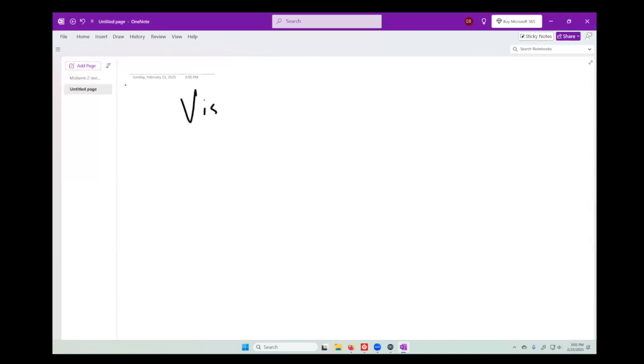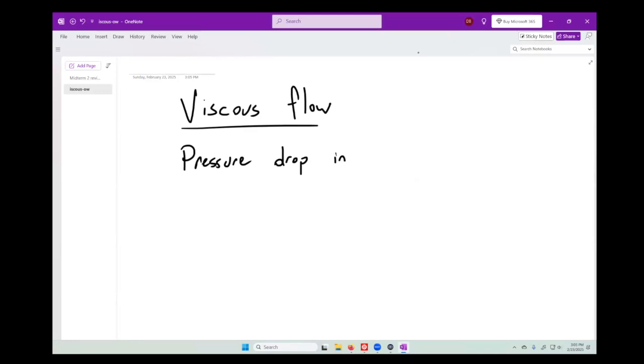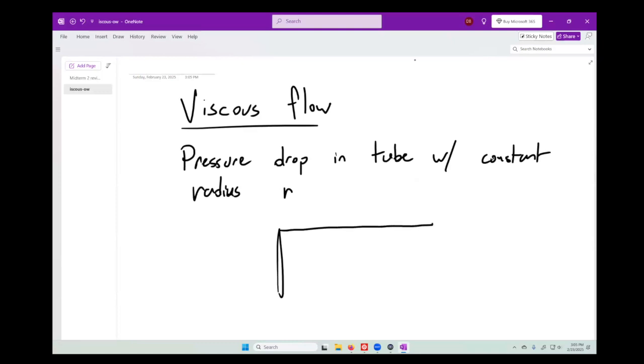Starting with viscous flow, there's basically only one equation here, which is our viscous flow equation or Poiseuille equation. Suppose we have a tube with a constant radius.